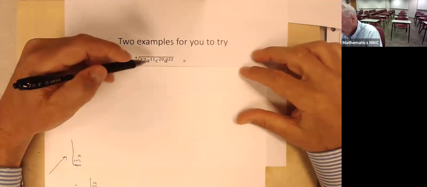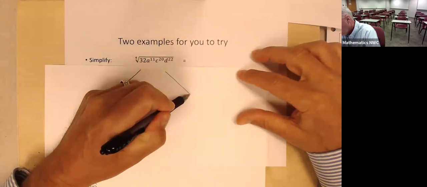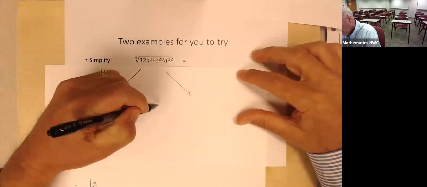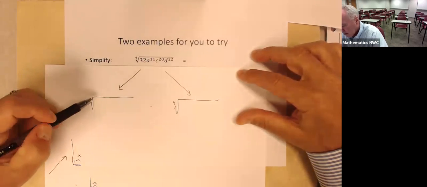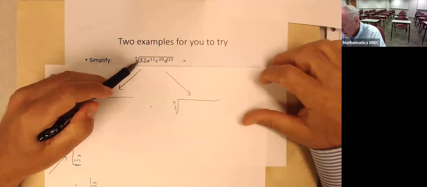I need fourth roots, perfect fourths, if you can think of it that way. So I want to look, is there a perfect fourth in 32?